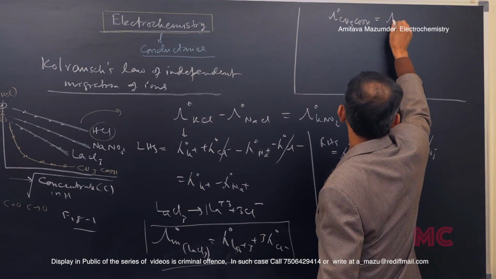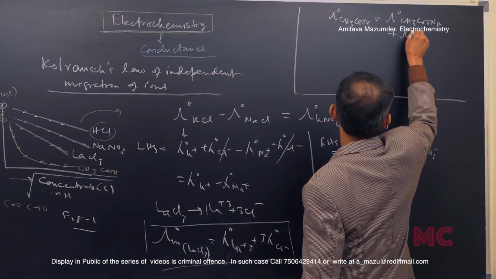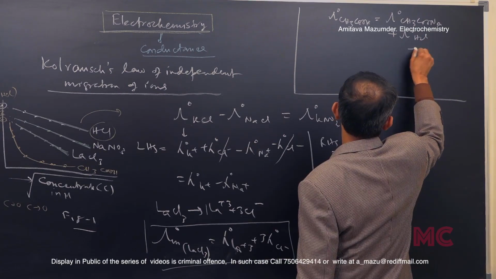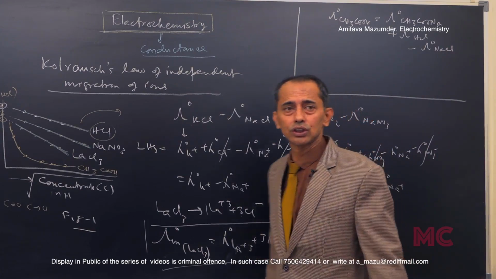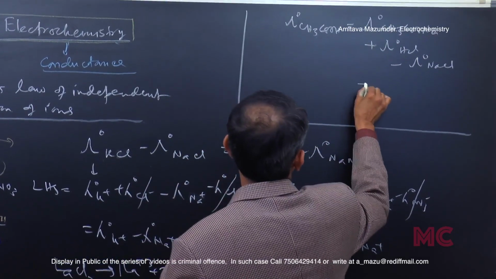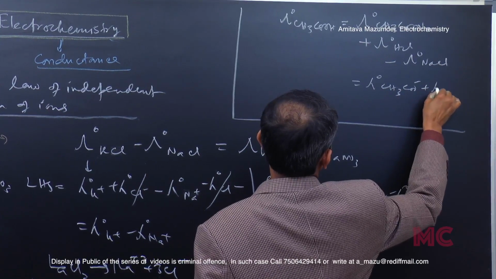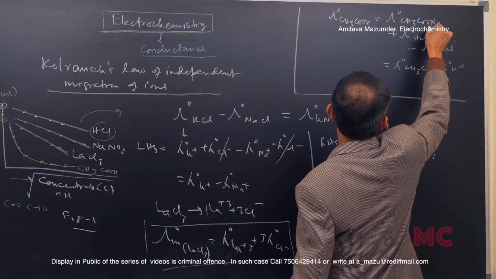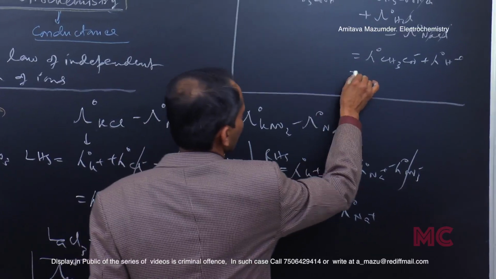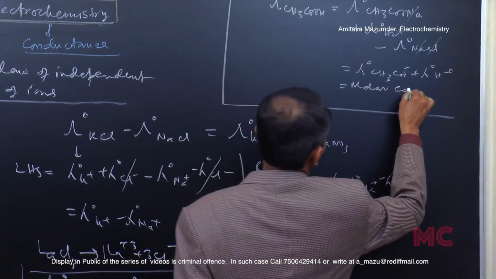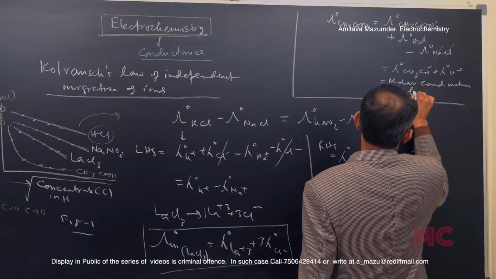If you take lambda naught CH3COONa, plus lambda naught HCl, and minus lambda naught NaCl, you are left with lambda naught acetate and lambda naught H plus, because the common parts cancel out. So we get this, and this is the molar conductance at infinite dilute solution.